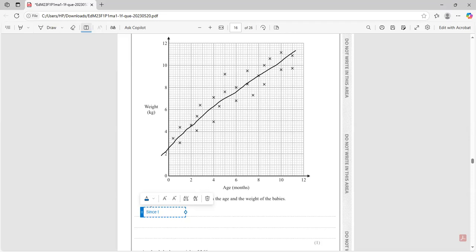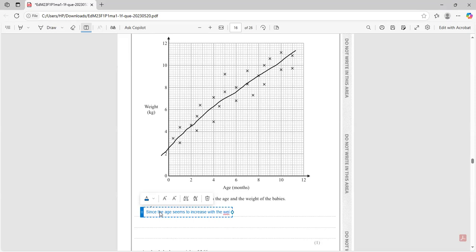since the age seems to increase with the, I wanted to say weight seems to increase with the age.